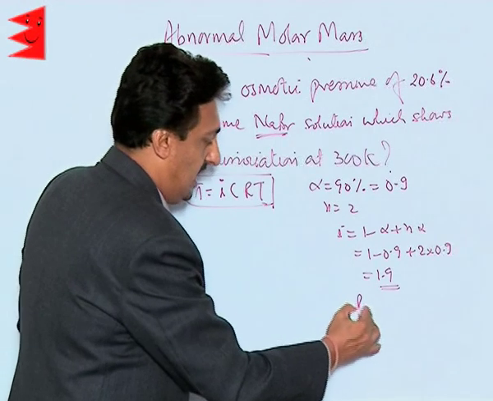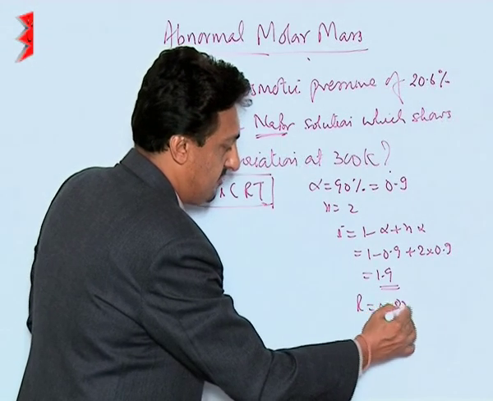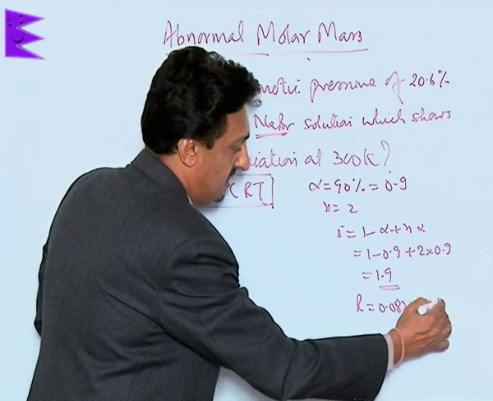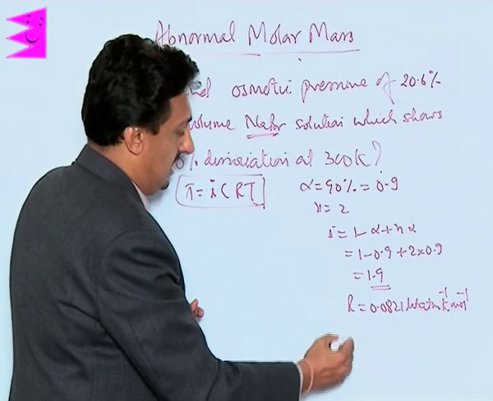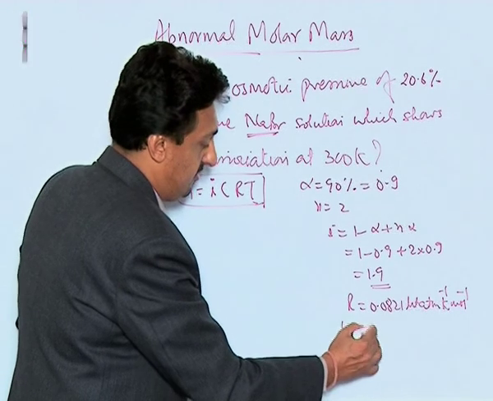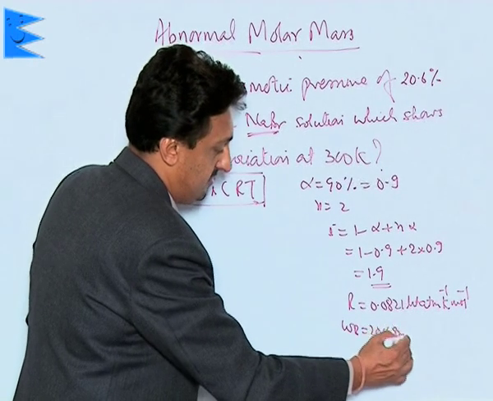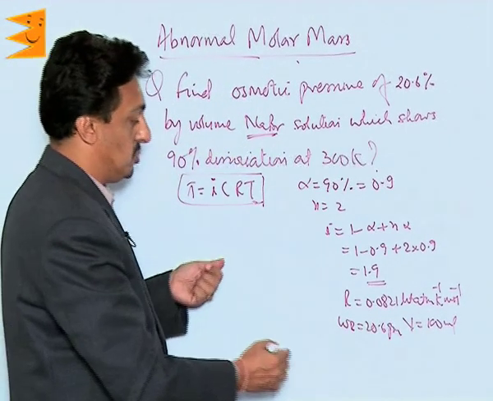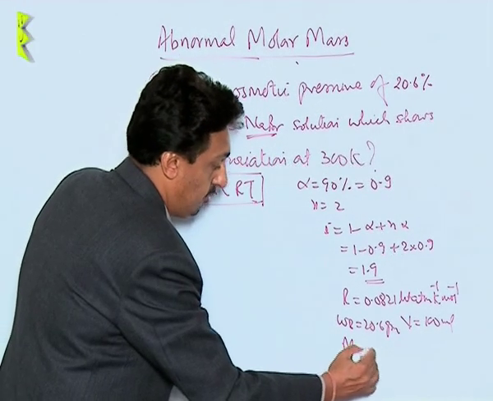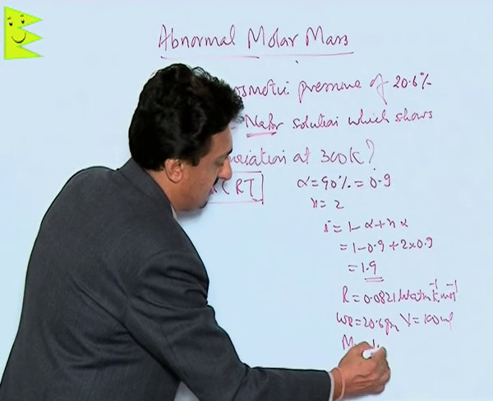We already know R will be equal to 0.0821 liter atmosphere per Kelvin per mole. And we already know the weight of the solute will be 20.6 grams, volume will be 100 ml, and the molar mass of sodium bromide is 80 plus 23, is 103.